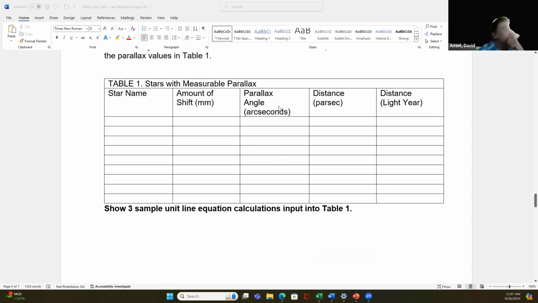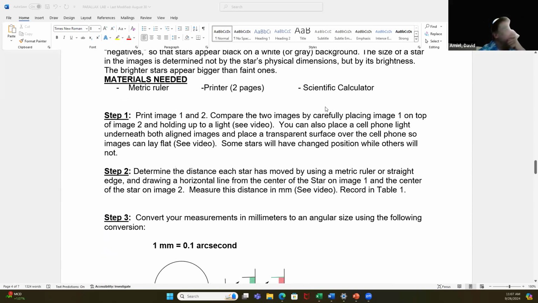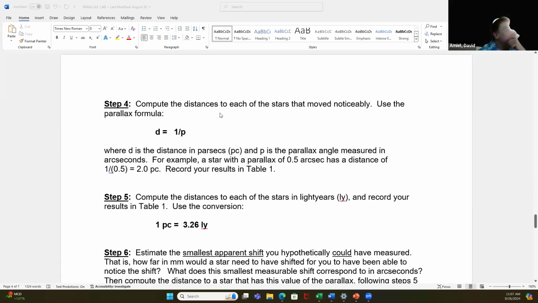So that gets you to this column. Now, to get the distance in parsecs, I showed you that earlier. The distance in parsecs is 1 over the parallactic angle. And you're already in arc seconds, so you're good.